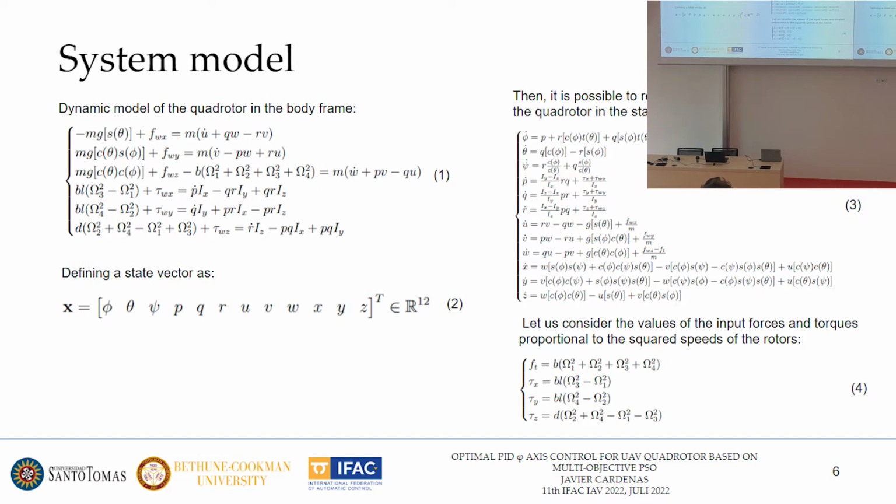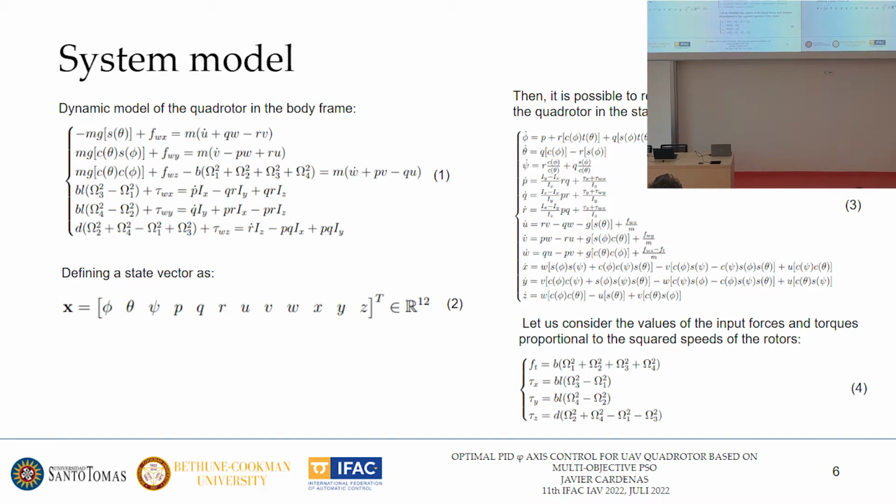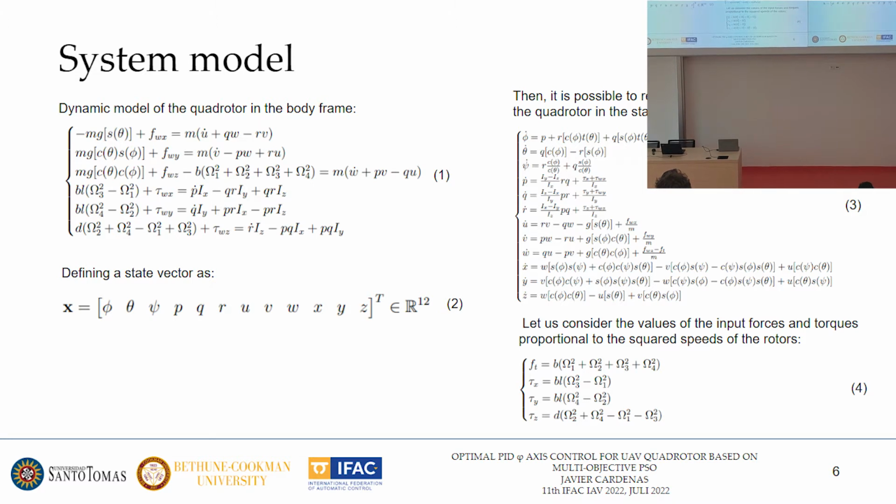And we create our state space, so you can see it's not linear, there are cosines and multiplications. And I think personally it's awful, it's so complex.